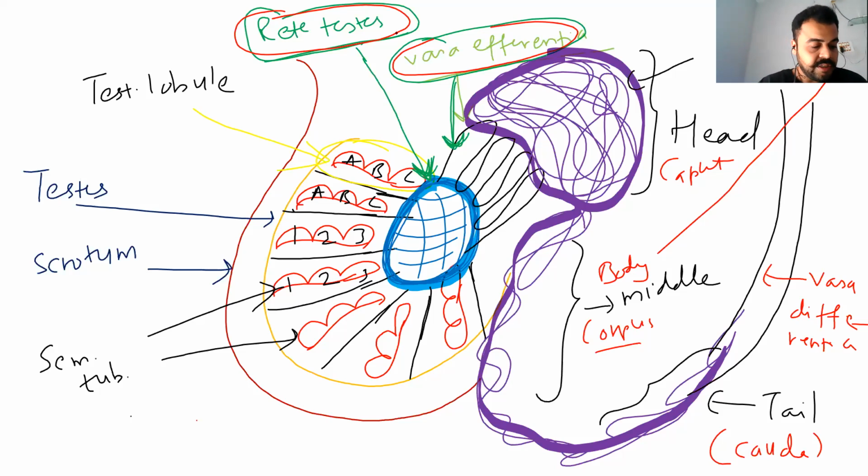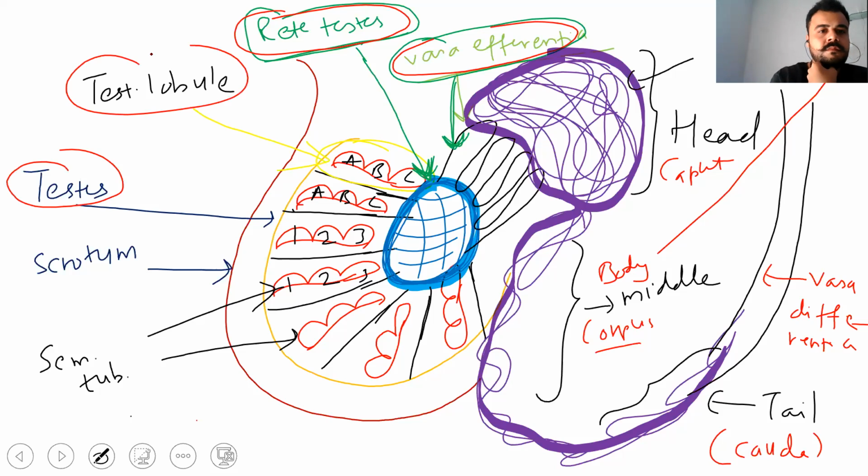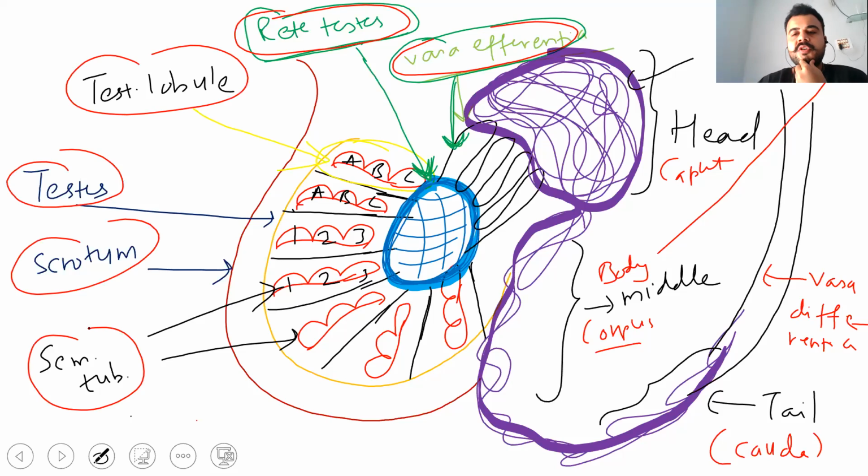This is how each testis will form this structure. Okay, got it, guys? So you should know what is rete testis, what is vasa efferentia, what is epididymis, and what is vas deferens.